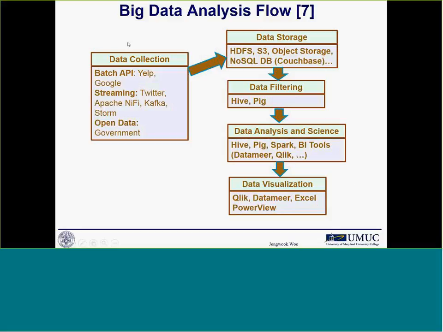Okay, so this is a very important big data analysis flow. Mostly, the first three diagrams are for data engineering, and the fourth one is for data analysis and data scientists, including data visualization. Okay. So this flow is very important for big data processing.